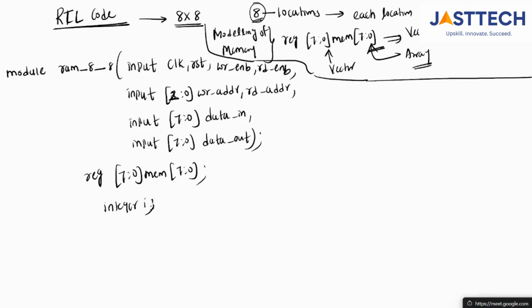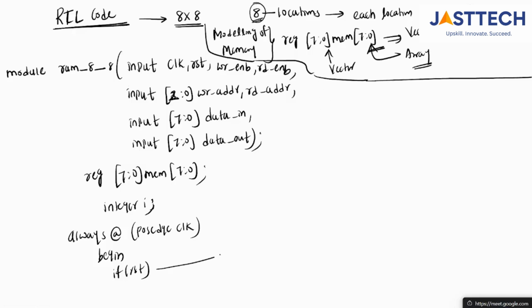First I want to clear the content in the memory location. For that, I use always @ posedge of clock, begin, if reset equal to 1, for i equal to 0.